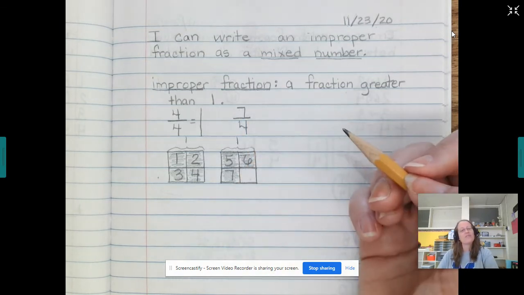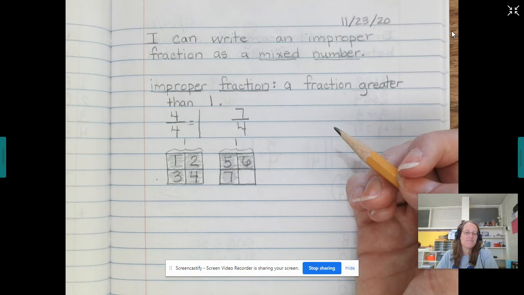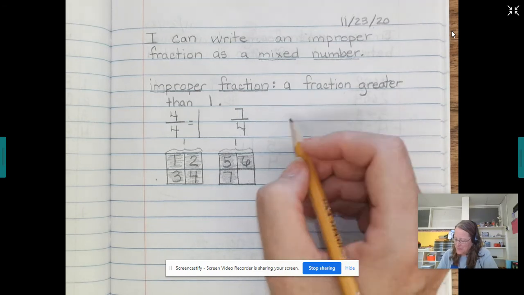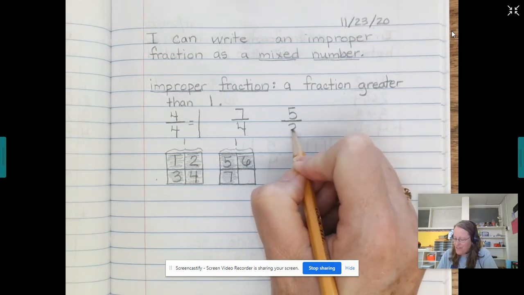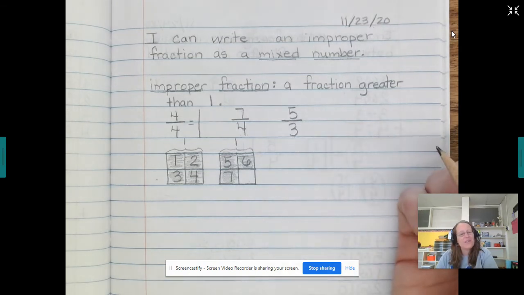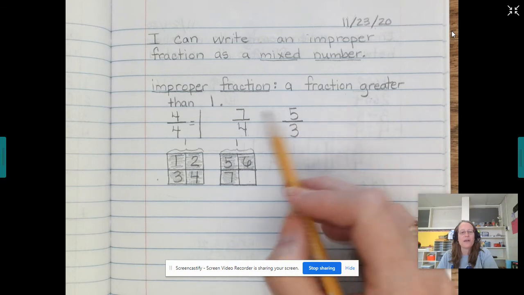Can you think of other examples of improper fractions? I can almost hear you through the screen. I'm going to write a few more. 5/3. What do you think about 5/3? Would that be a fraction that is greater than 1?